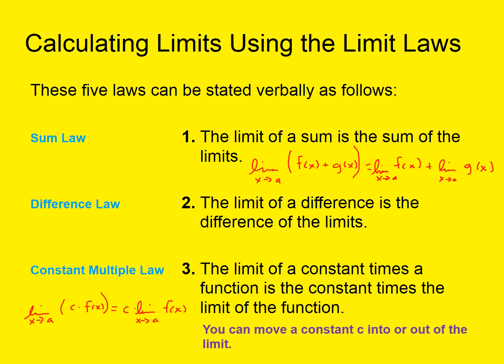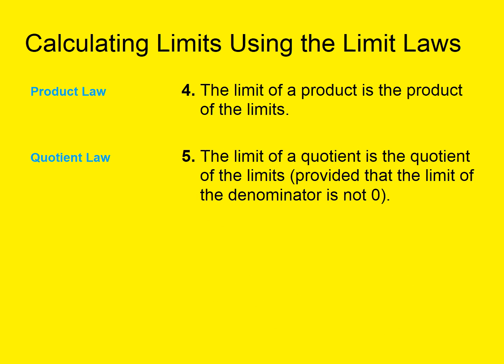You could take the constant on the outside and put it on the inside. Limit of the product is the product of the limits, not surprisingly. In the quotient law, not surprisingly, the limit of a quotient is the quotient of the limits, but of course you can't have the limit in the denominator equal to 0 because you can't divide by 0.